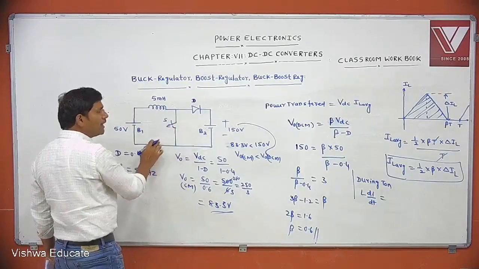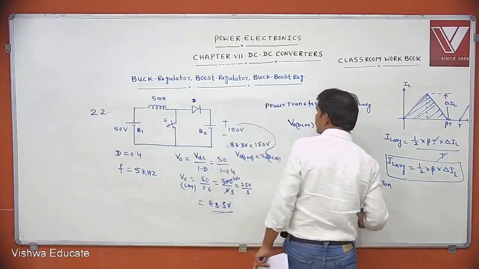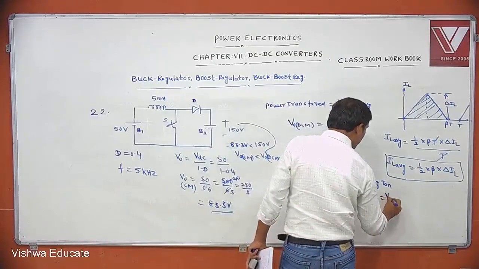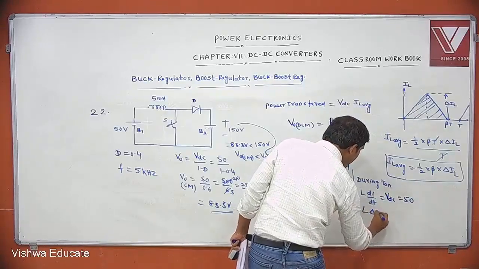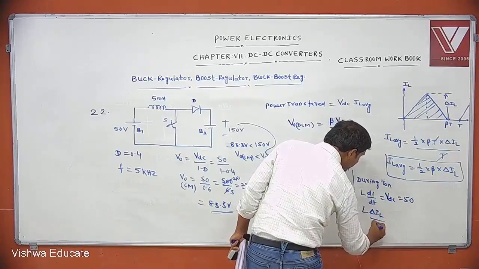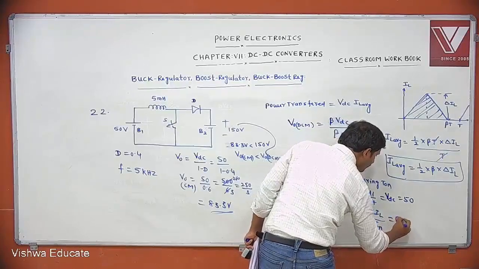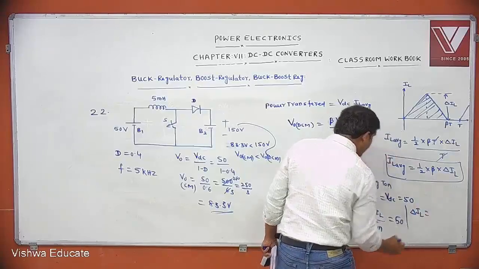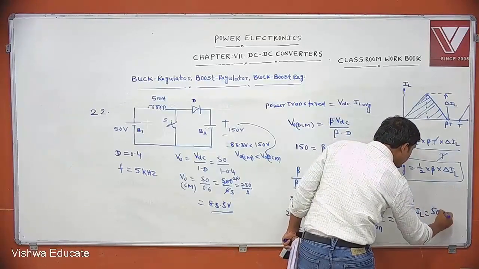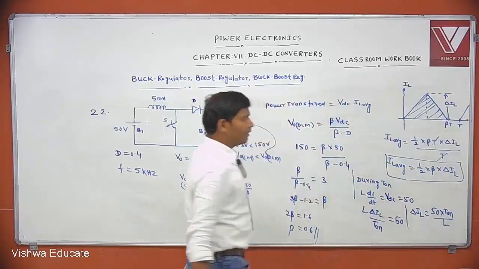VL equals VDC, and VDC is 50 volts. Then L into delta IL by T on equals 50. From this, delta IL equals 50 into T on by L.